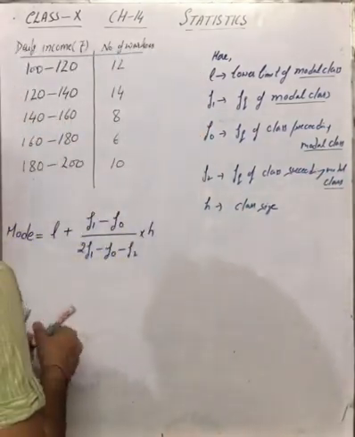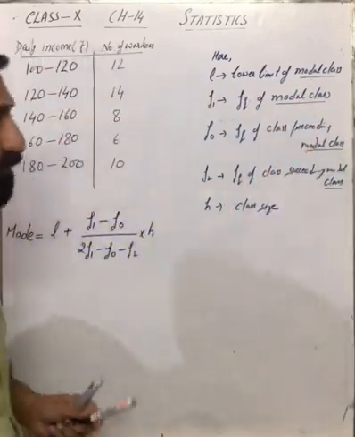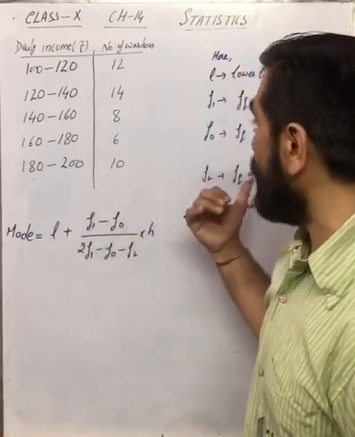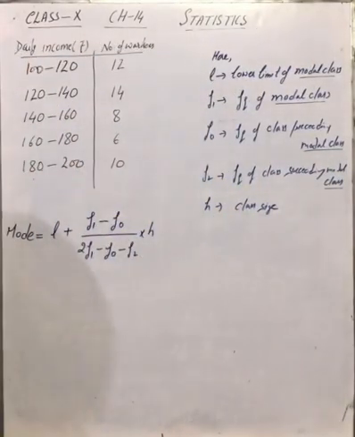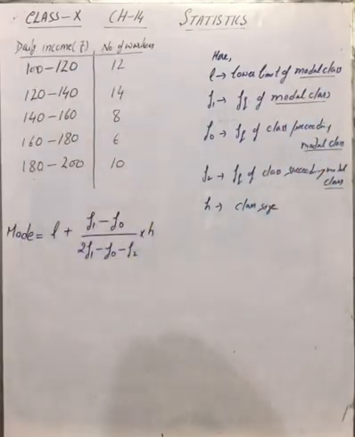That means for finding all these values, we must know what the model class actually is. Once we are able to find the model class, we can write all these terms. And the last one is class size, which you can see here, it is 20. So for using all these values, you need to know which is the model class. तो सबसे पहले model class के बारे में discuss करते हैं.